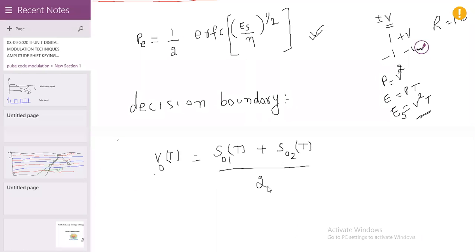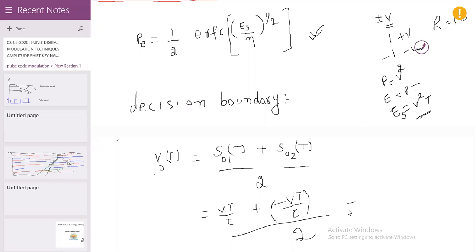Let us assume S naught 1 of T, in terms of voltage at the output of the integrator, is plus Vt by tau, plus S naught 2 for logic 0 is minus Vt by tau, divided by 2.